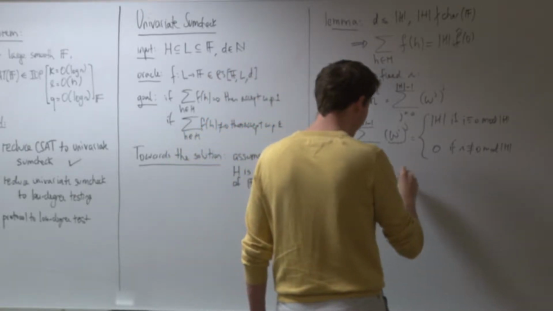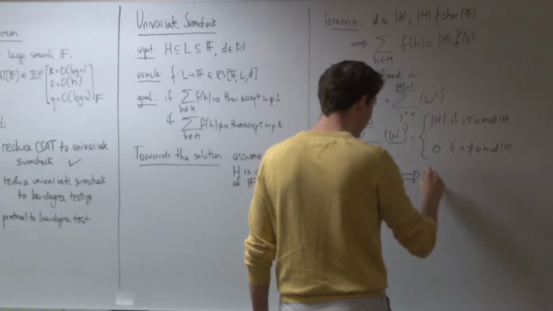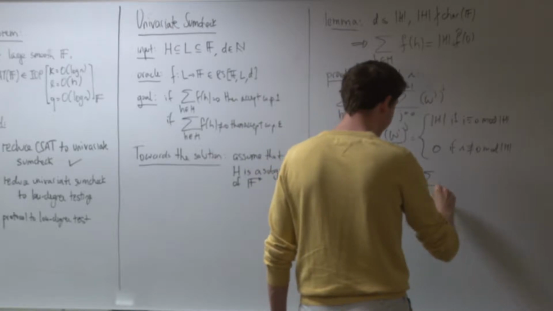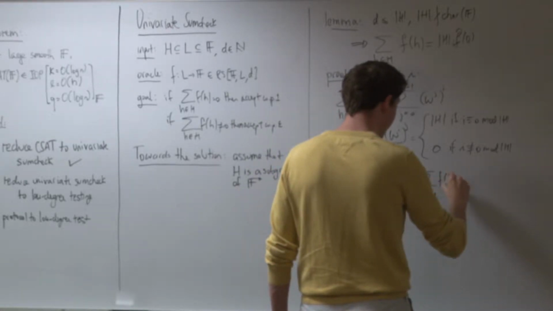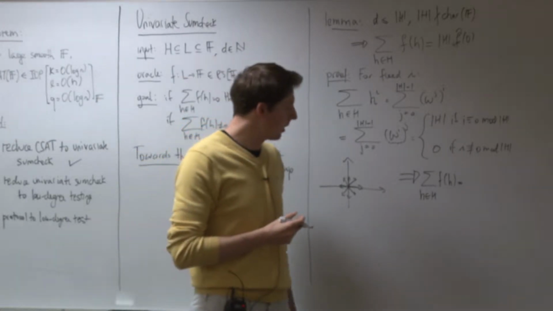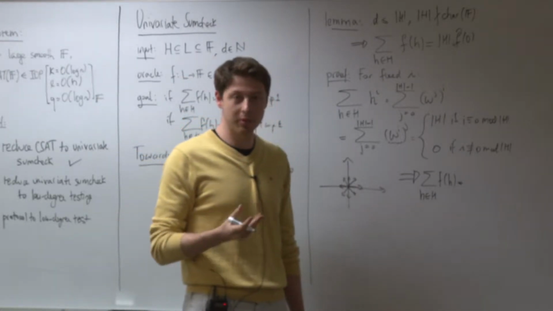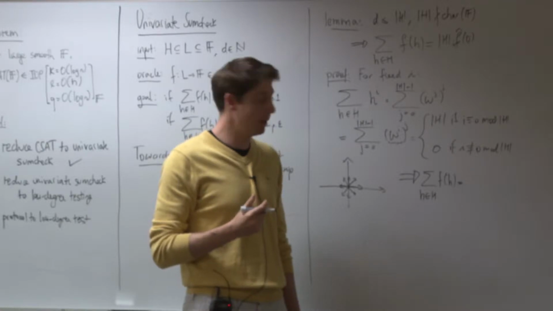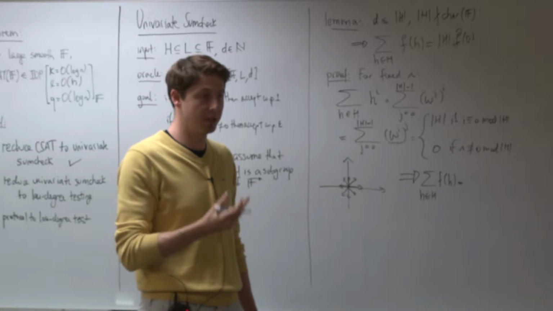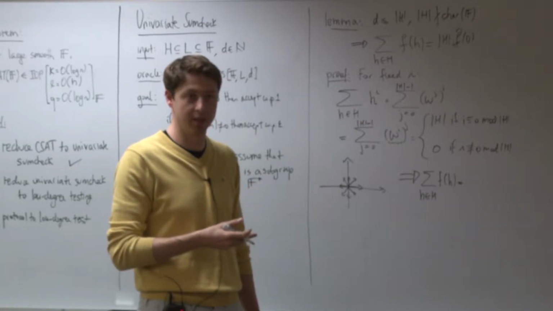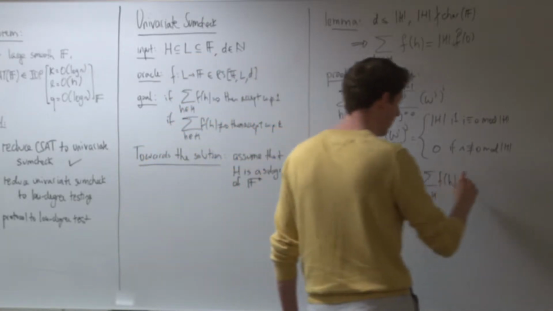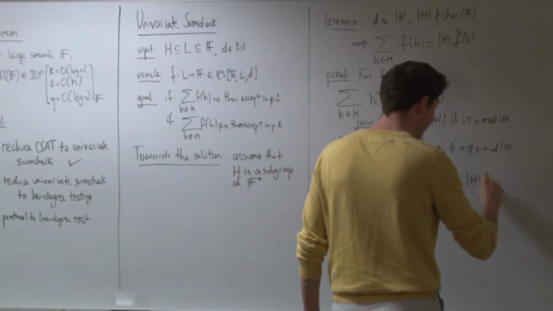So now, if I really was asking what I get if I sum f over h, then I can think about all of the monomials of f. They all disappear except for the 0 coefficient, the constant in front of x to the 0. So I will get h times f hat of 0.